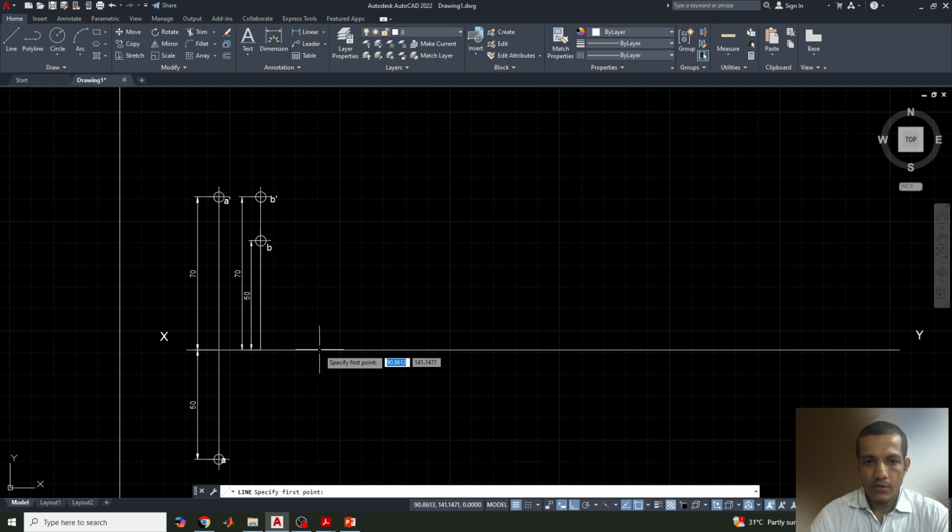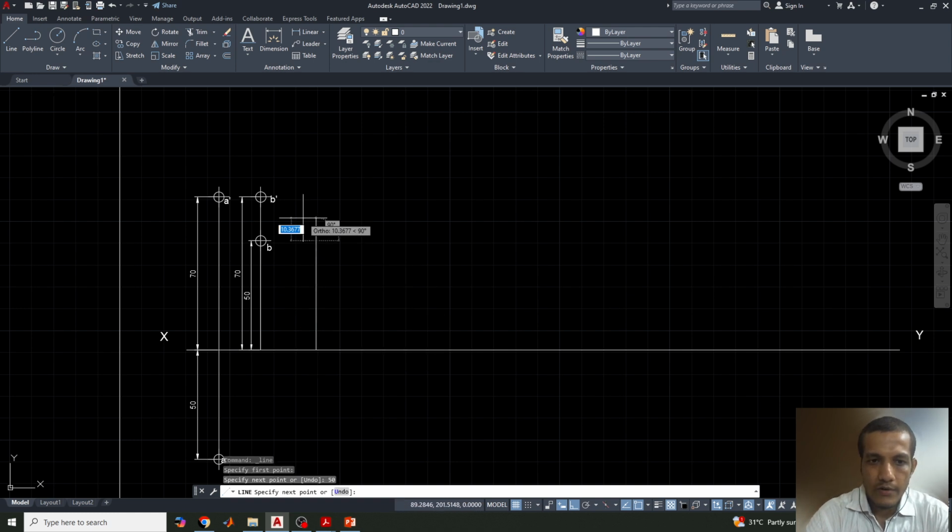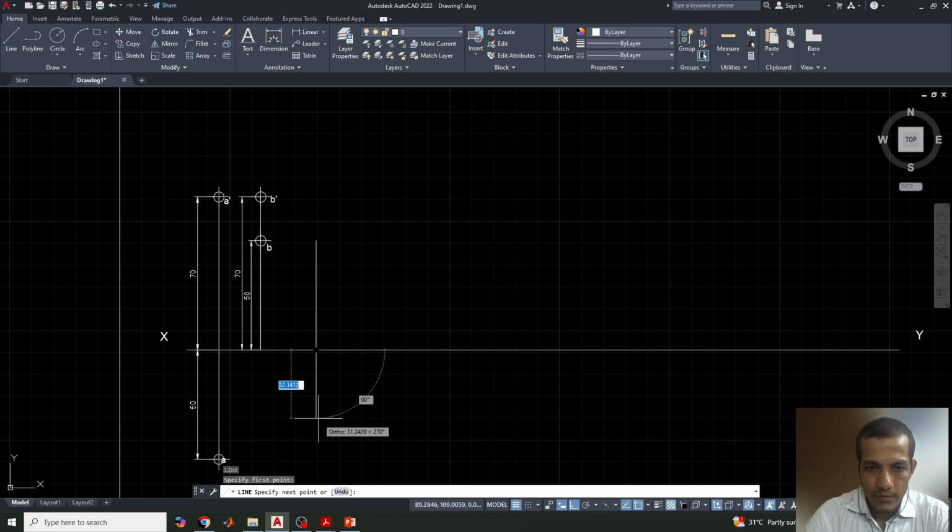Let's take any point location here, and how much will there be? 50, enter, and another time 70.